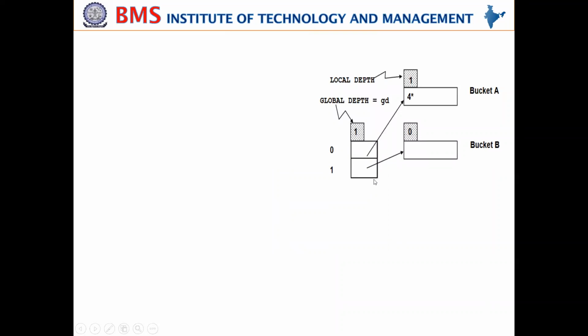Now let me make one assumption here. Suppose I have only one bucket, then there is no need of any address, because with one bucket there is no confusion. I can refer to that single bucket. Now suppose I have 2 buckets. How do I differentiate one bucket from the other using binary addressing?